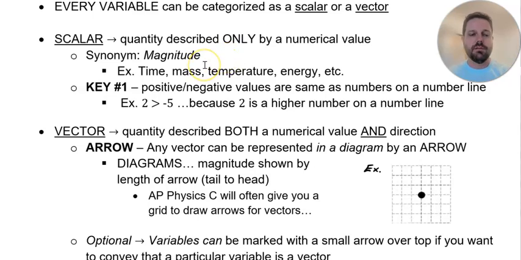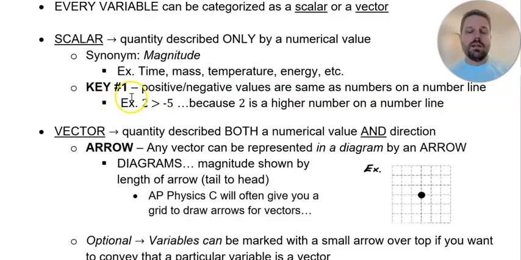In math, we often refer to a scalar quantity as being a magnitude. Examples of scalar quantities that we can measure would be time, mass, temperature, energy. None of those have a direction. They just accumulate over time or throughout a problem, right?